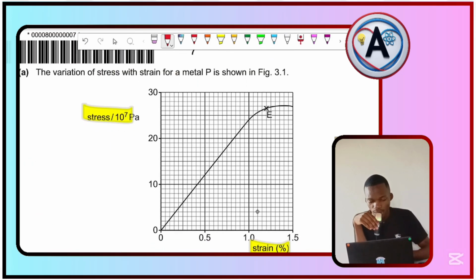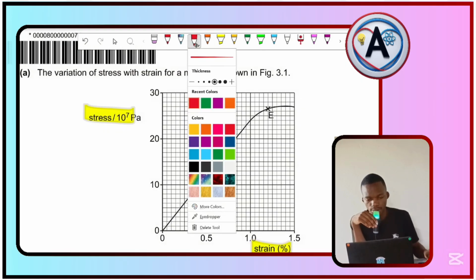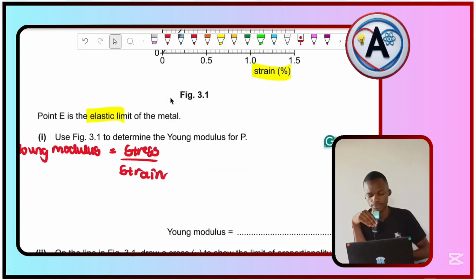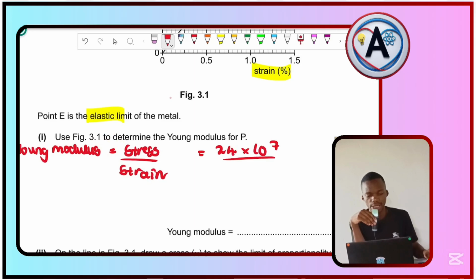In this case, I want this point. Looks very easy to use, very convenient. This little point over here. So at this point, I have a strain of 1% and a stress of, is that 24? 24. Okay. So my stress is basically 24 times 10 to the power of 7. My strain is 1 over 100.